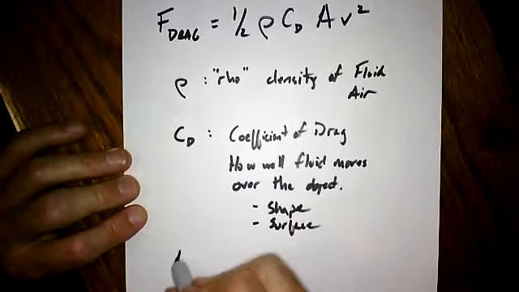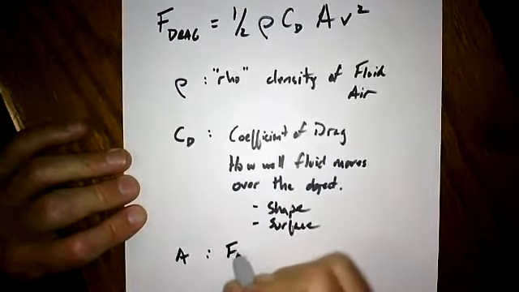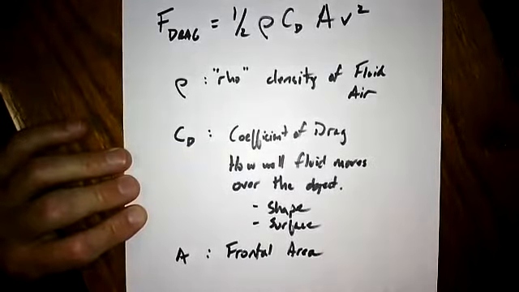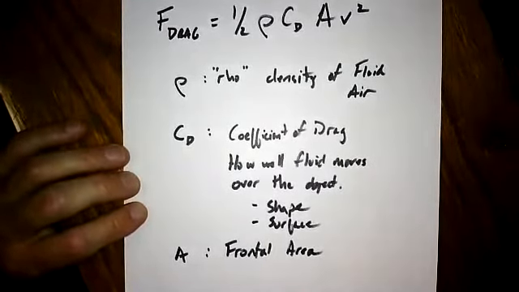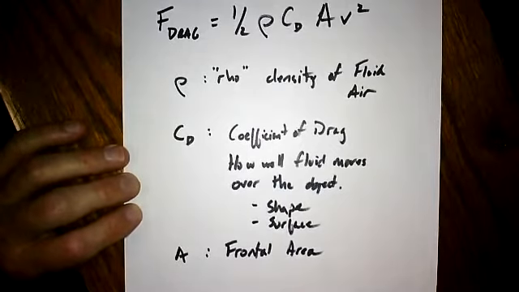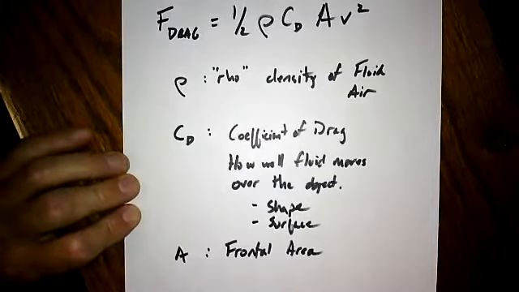The next parameter is A. This is the frontal area. This is the area, the cross-sectional area, perpendicular to the flow of the fluid. So from a cyclist perspective, if the wind is coming from the front of the bike, we would look only at the frontal area.